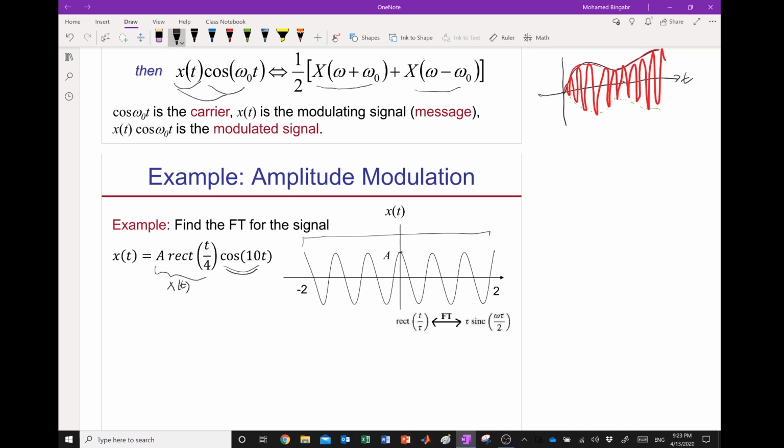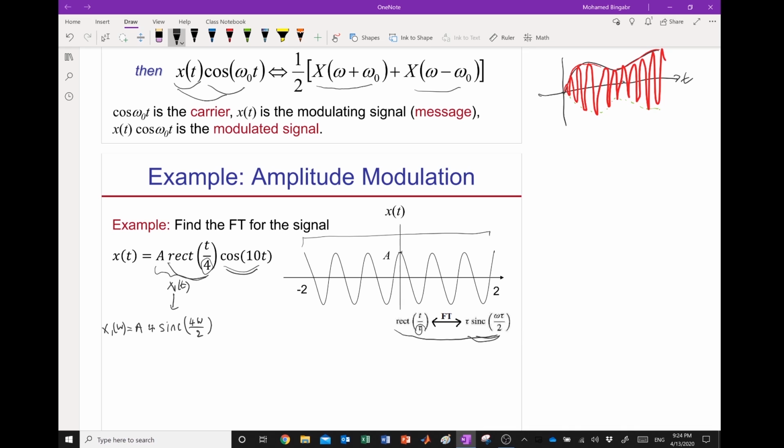So it will be the spectrum of x of t, which is x of omega, and from the table we know a rectangular has this Fourier transform. If I call this x1 of t, so x1 of omega will be A, the amplitude, times the Fourier transform of a rectangular function, tau sinc of omega tau over 2. In this case, tau is 4. So that will be A times 4 sinc of 4 omega over 2.